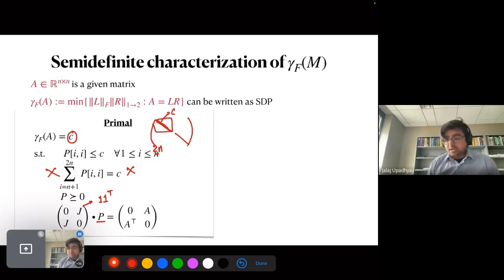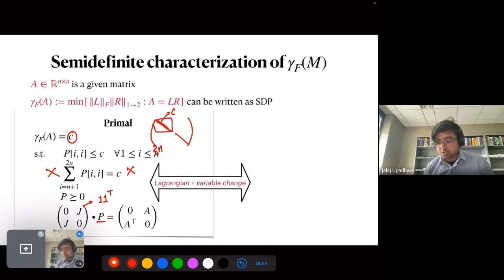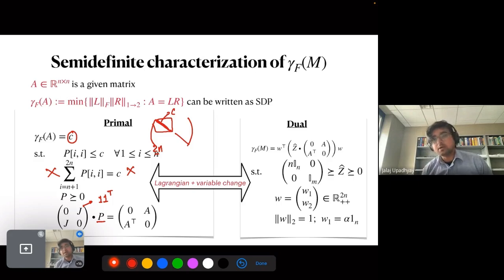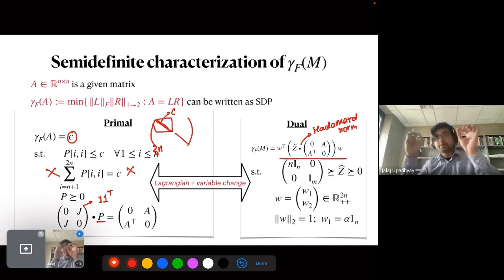Now, using similar Lagrangian duality and change of variable, we arrive at a dual problem where the objective function goes in the form of a quadratic form. And here this bullet is again the Hadamard norm, which is just taking two matrices and doing entry-wise multiplication.